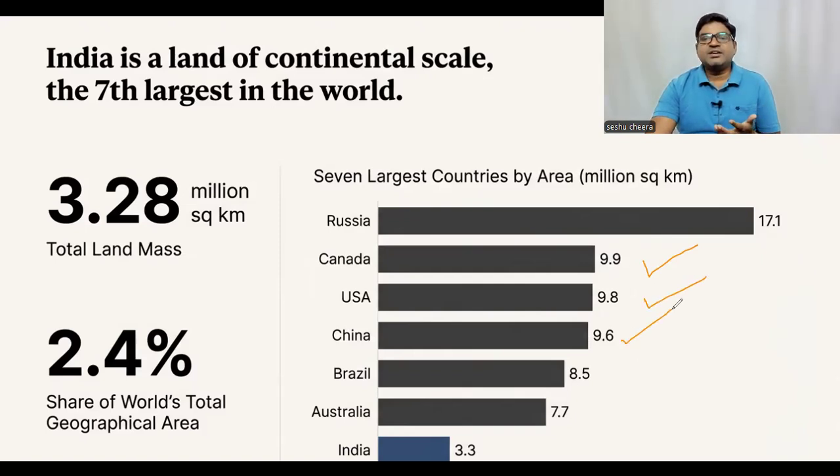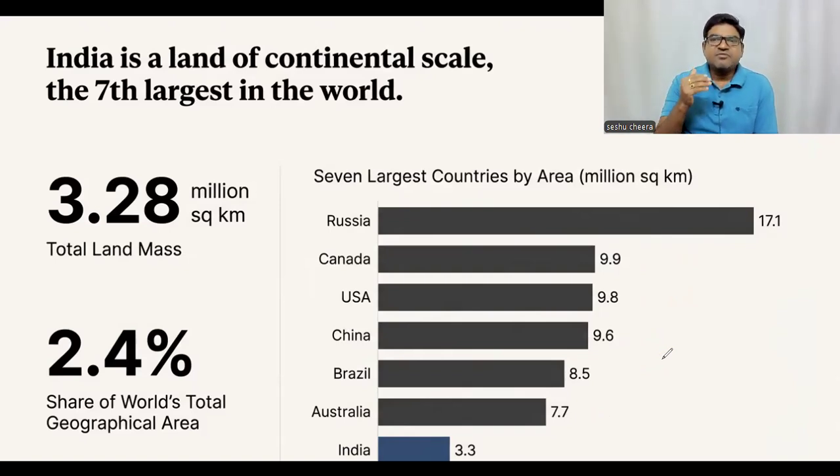Then we have China in the 4th place, followed by Brazil with 8.5. These are all in million square kilometers. Australia with 7.7 and India close to 3.3. To be precise, it is 3.28 million square kilometers. Now, when we look at all these aspects, what do we understand?